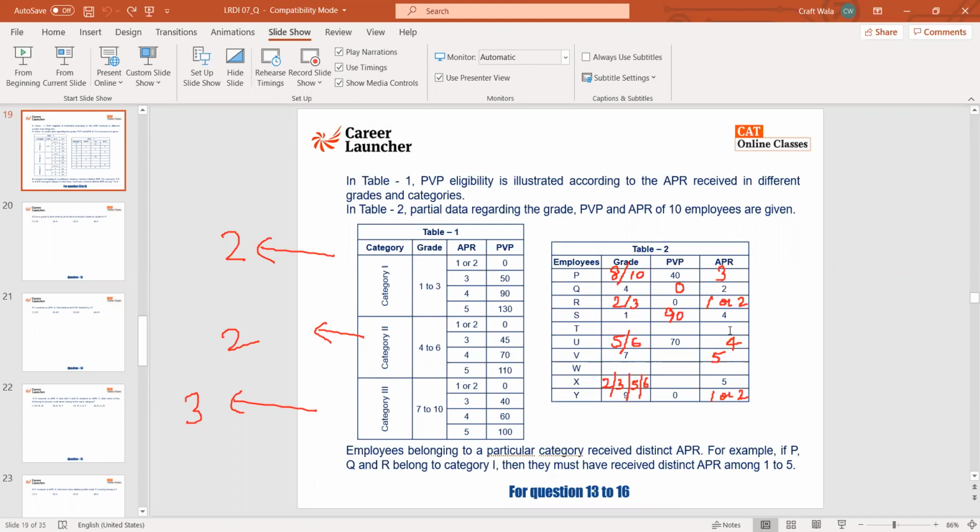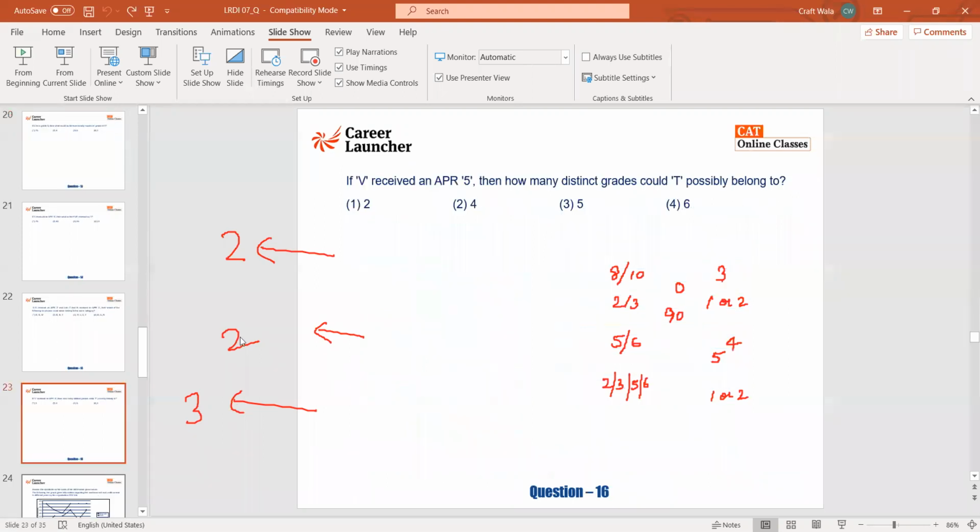So all 6 values are possible. It is not limiting anything for T, right? So for him, all 6 values are possible.